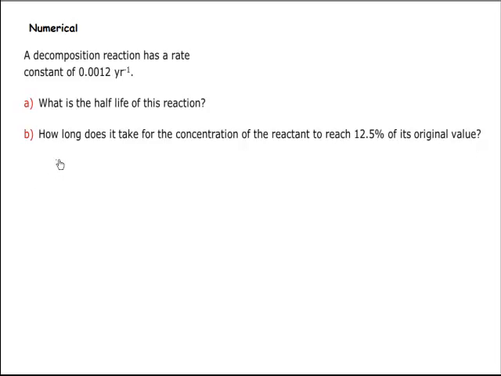Now, the rate constant and half-life for a first order reaction are related by the formula T half is equal to 0.693 upon K. We already know the value of K, that is 0.0012, and this turns out to be 577.5 years.